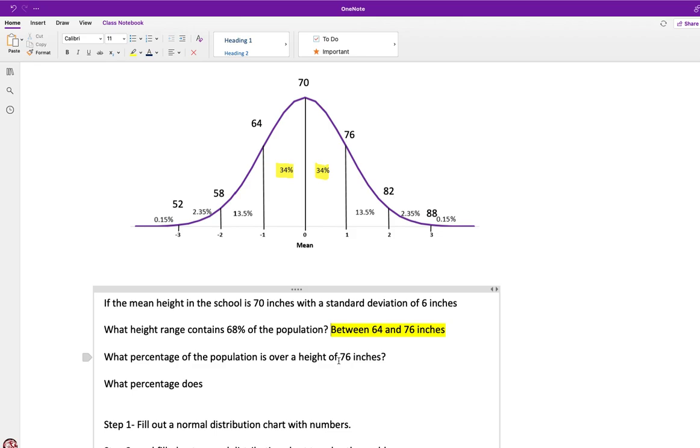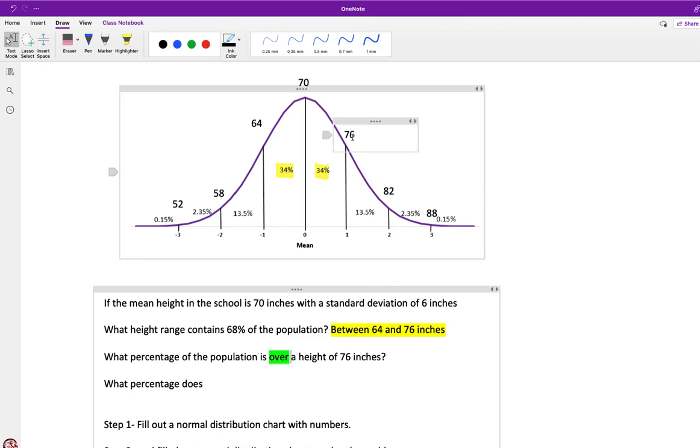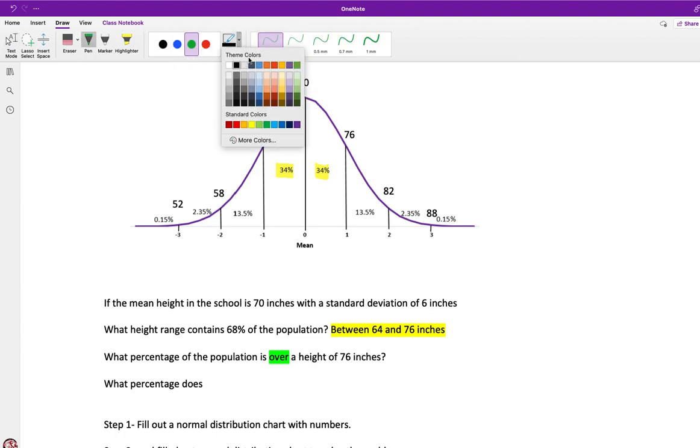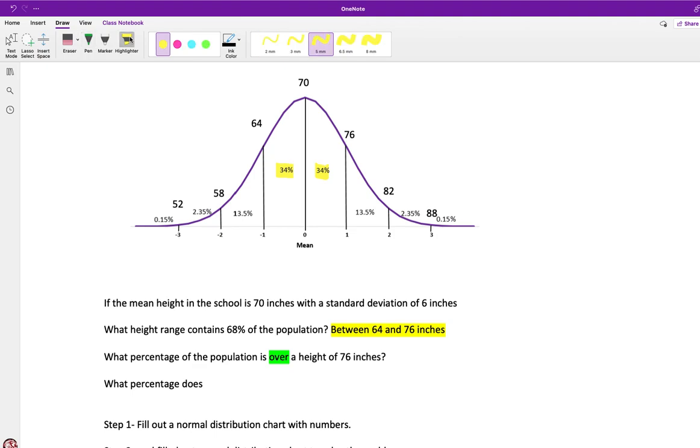So what percent of the population is over 76 inches? If we go back to our chart, we go to 76 and look for what percentage is over. Let me see if I can get the same green. Oops, where's my highlighter? So these are the percentages that are over 76 inches. We're going to add all those up.